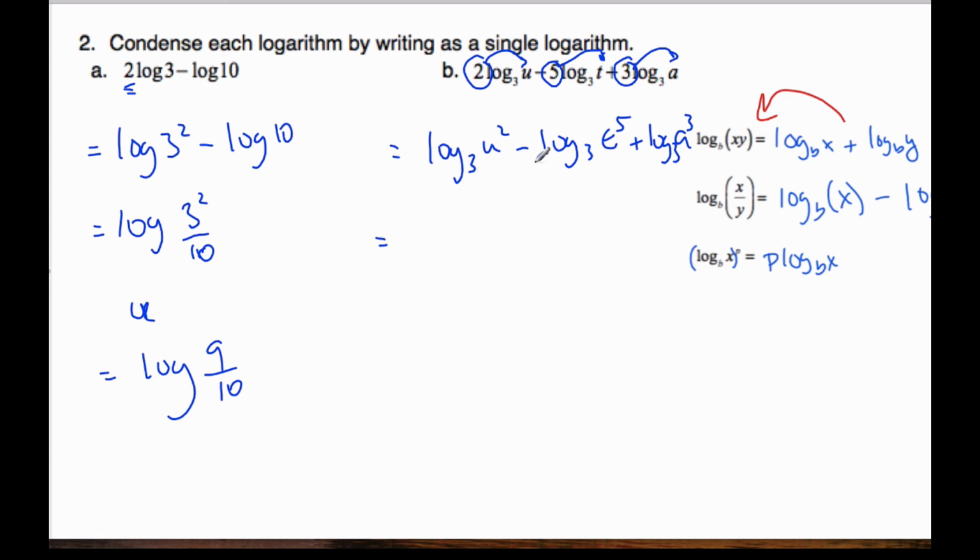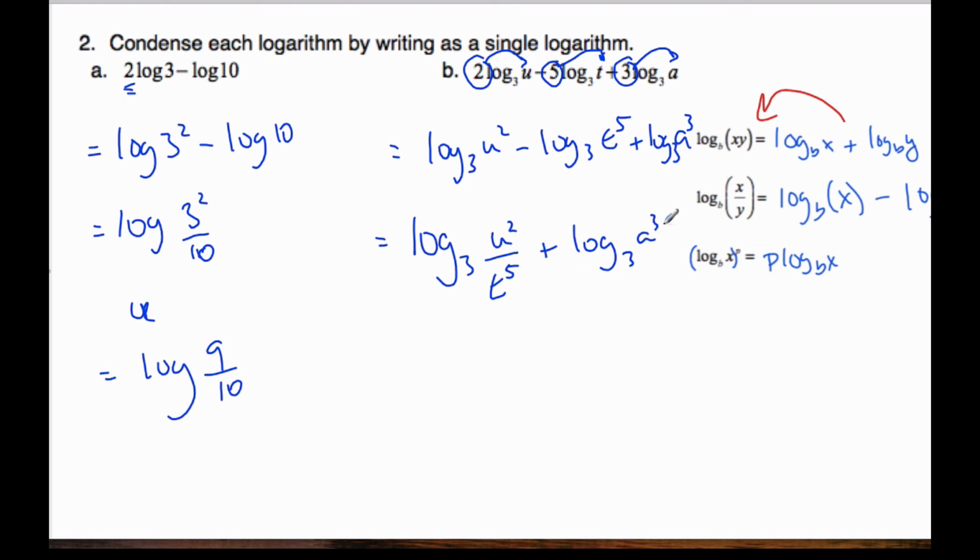And so now I have 3 logs here. One of them is subtracted, the other one is added. And so it's using both of these properties here. And so if I think about this as log base 3, when it's minus, it's subtract. So it's going to be u squared over t to the 5th plus log base 3 a cubed.